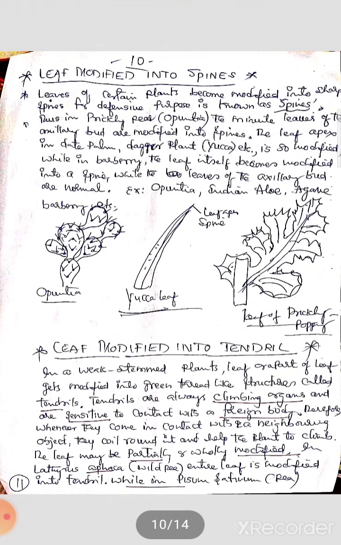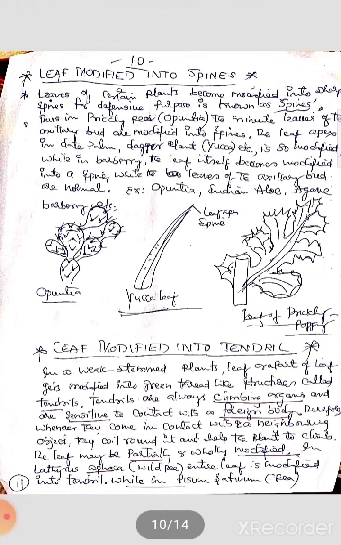In a weak stemmed plant, a leaf or part of a leaf gets modified into a green thread-like structure called a tendril. Tendrils are always climbing organs and are sensitive to contact with a foreign body. Therefore, whenever they come in contact with a neighboring object, they coil around it and help the plant to climb.